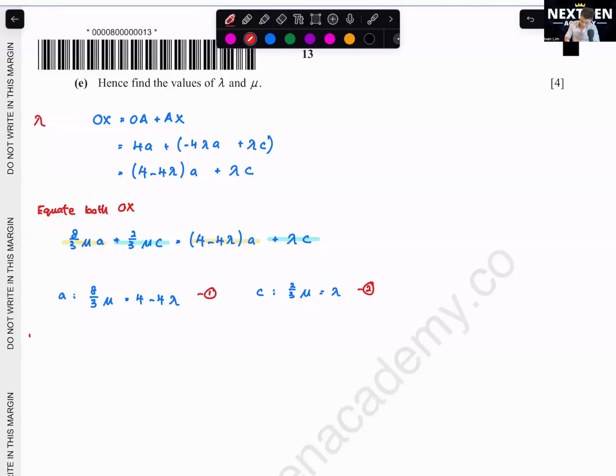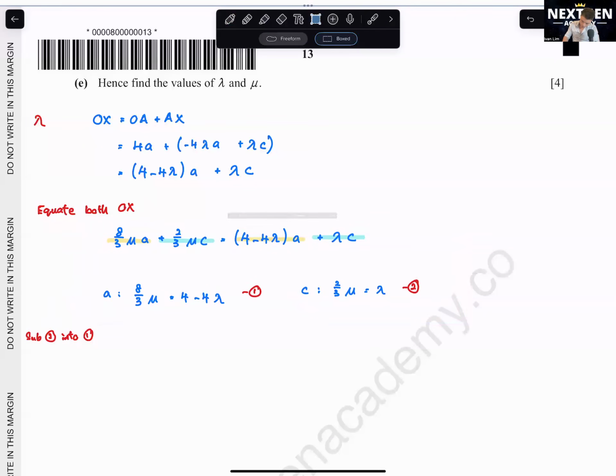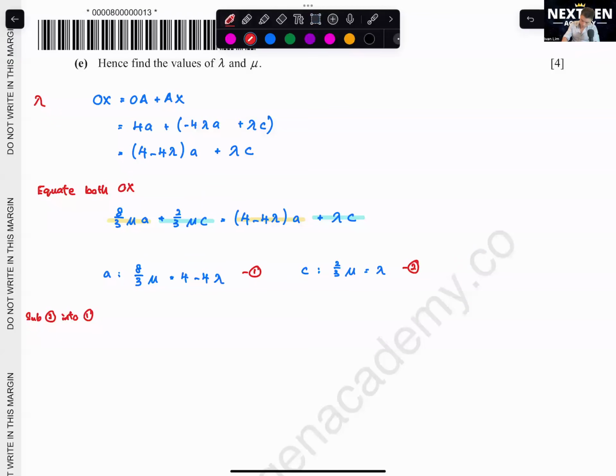Going to substitute equation 2 into 1. 8 over 3 mu equals 4 minus 4 times 2 over 3 mu. Okay, solve for this.